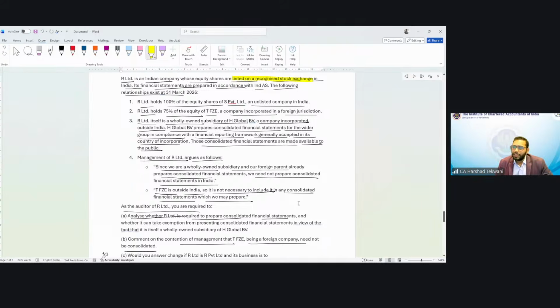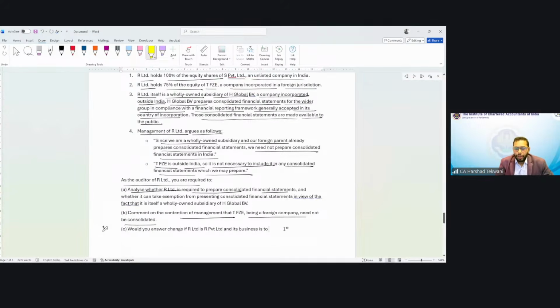What I'm changing is a few things in this particular question. Would your answer change if R Limited is an R Private Limited, that is not a listed entity, and its business is to invest the money of investors, that is shareholders, in order to earn interest and capital gain on investment?